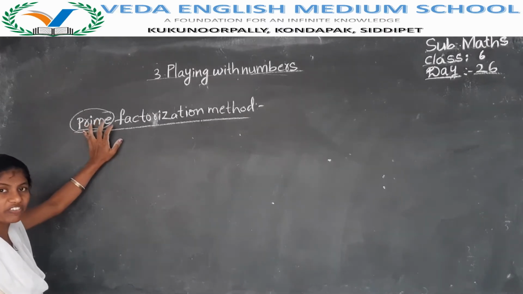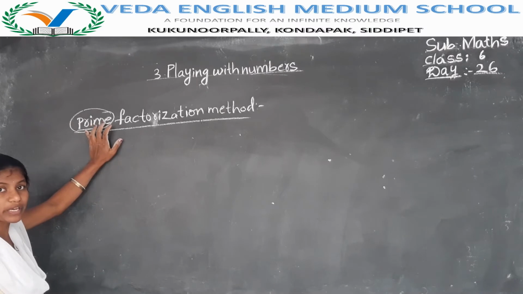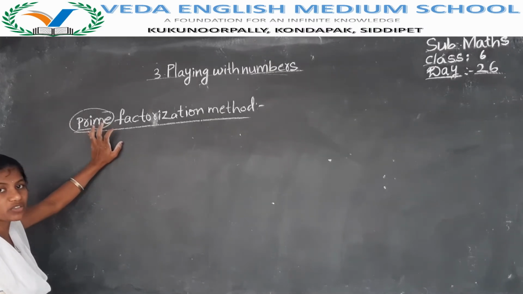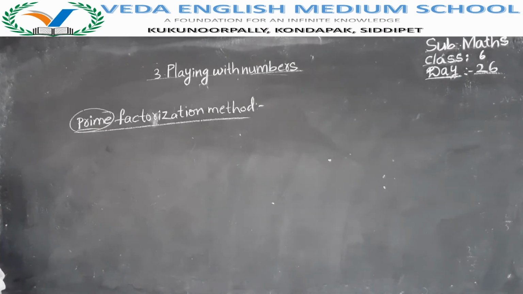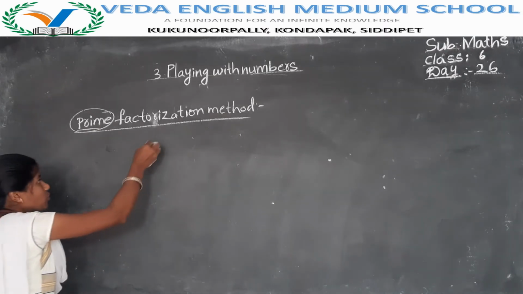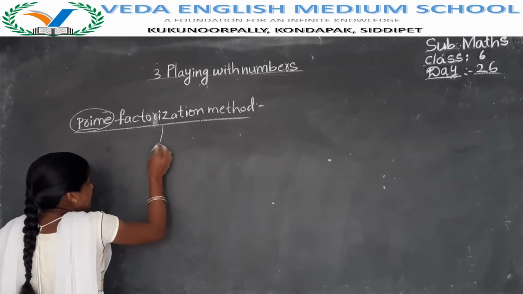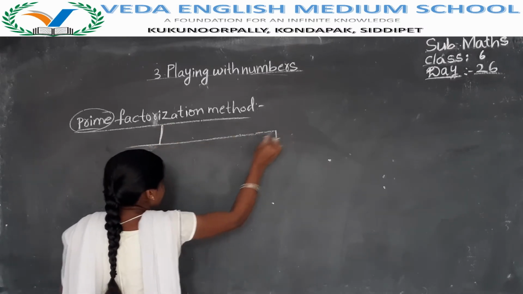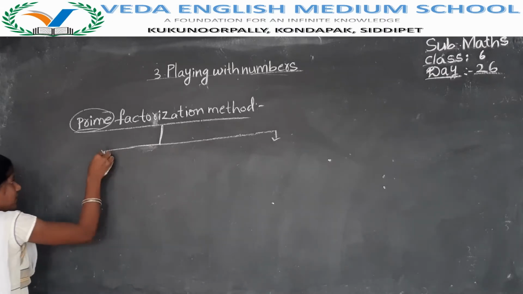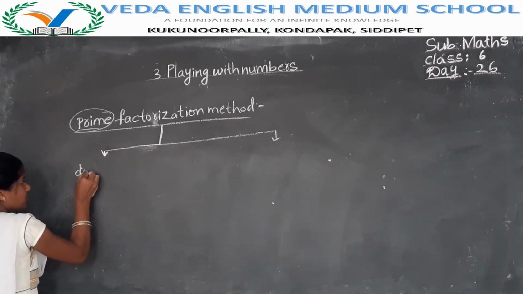The process of finding the factors by using only prime numbers is called the prime factorization method. In this prime factorization method, we have two methods. One is the division method.